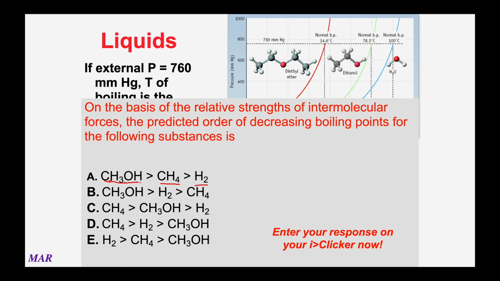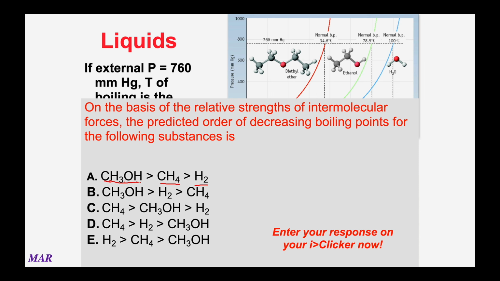It's going to be more like ethanol in that graph up there. CH4 and H2 are both non-polar. CH4, if you draw out the Lewis structure, is a carbon in a tetrahedral form with hydrogens all around. So it's symmetric, it's non-polar, and H2 is literally two hydrogens together. That's also non-polar. So both CH4 and H2 exhibit induced dipole forces.